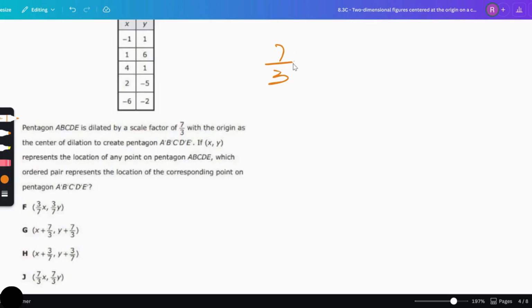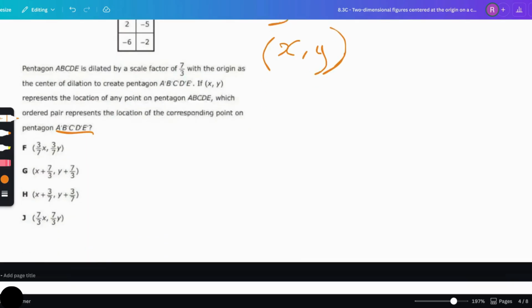We are dilating by 7/3, which means we are multiplying by 7/3. So which ordered pair represents the location of the corresponding points A prime, B prime, C prime, D prime, and E prime? If we have x, comma y, what will be the answer to this? We are dilating by 7/3.